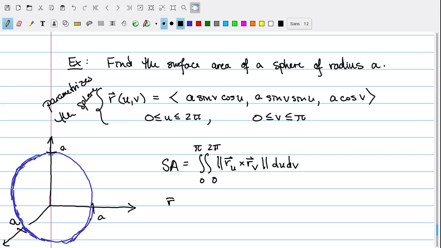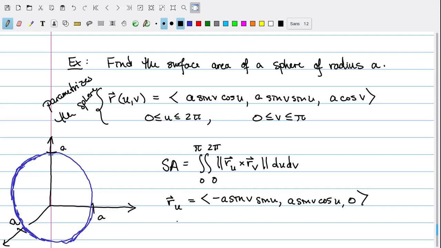So starting out, let's get r sub u. When I do this, I'm just getting the partial derivatives of each component with respect to u. So the first one is going to be minus a sine v sine u. Second component is going to be a sine v cosine u. And the third component is going to be 0.